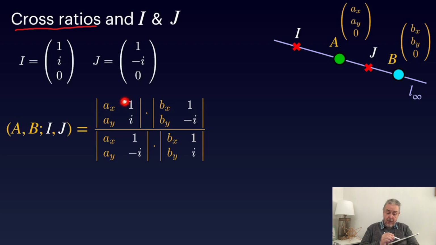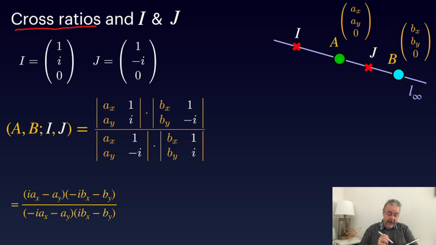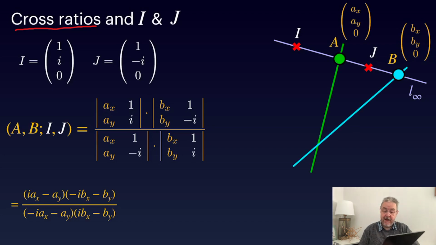If you write down what these determinants are, you get the following expression: a complex number times another complex number, divided by the complex conjugate of the first, times the complex conjugate of the other. And we may wonder, what are these complex numbers?